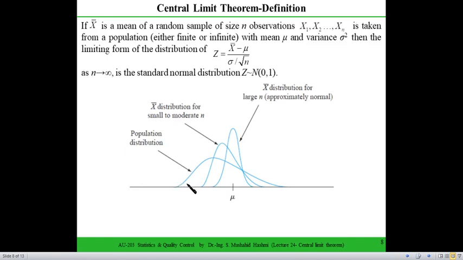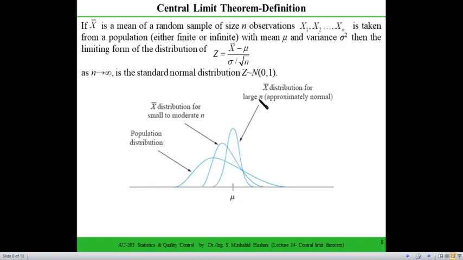Let's say this would be your population distribution. So your population distribution would be something non-symmetric here. Let's say we plot the distribution of the sample mean. So x is the population and x bar is representing its mean value. If your sample size n is moderate, then you have this typical distribution.